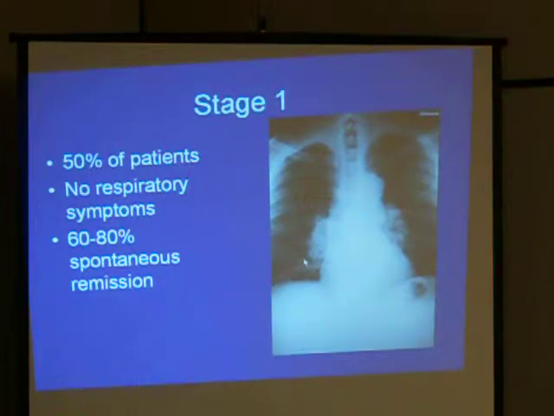The other thing is here, you see that there's no space between the nodes and the mediastinum? I mean, this is all taken up. That's the way it should be. You see a space in here. You see a space in through here. Lymphoma.